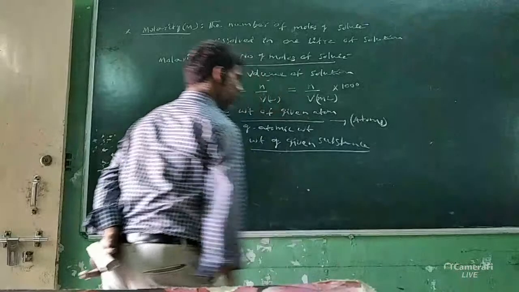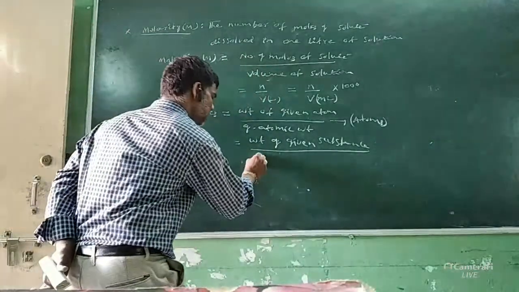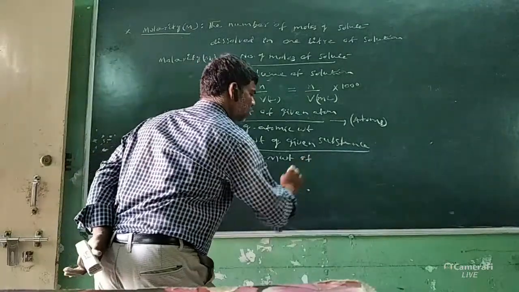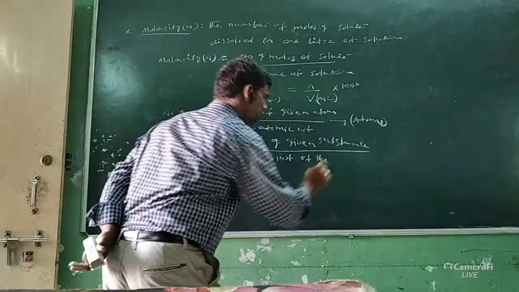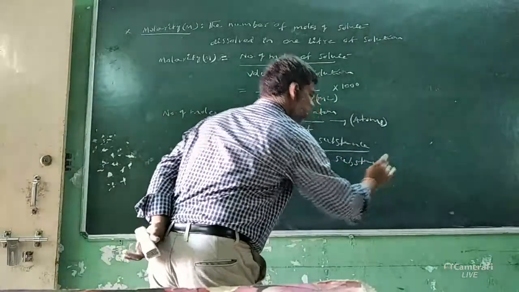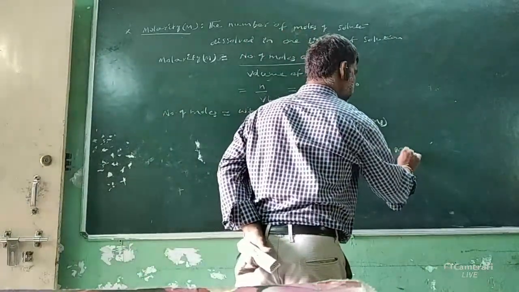by gram molecular weight of the substance. This is generally for molecules.